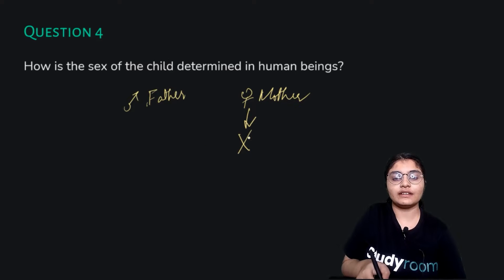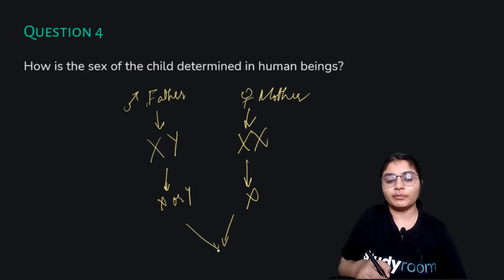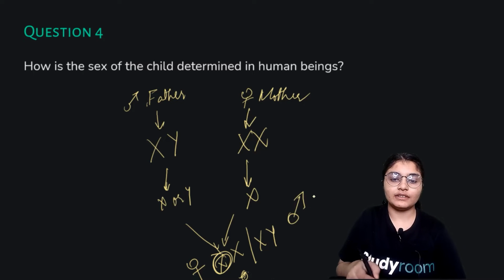So the mother has XX and the father has XY. Whether the father will give X or Y, that will actually determine the offspring's nature. So if this is XX, then it will be a female, and if it is XY, then it is a male, right? So this is how the sex is determined in human beings.